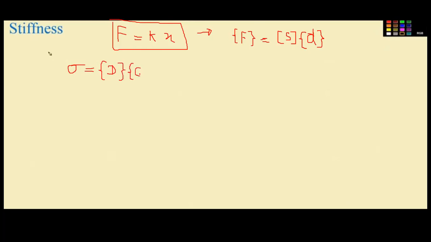This is the generalized Hooke's law. It simply gives you how the strain is related to stress, right? Stress is some matrix into strain. For a 1D case, this straight away becomes a linear equation like sigma equals E epsilon naught.